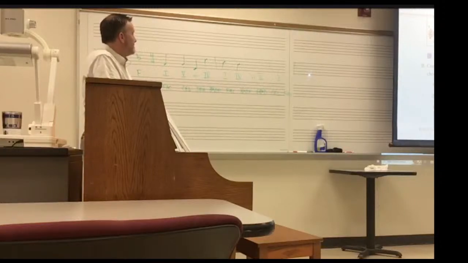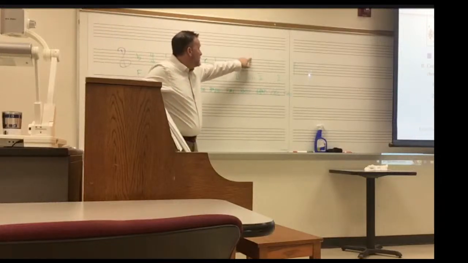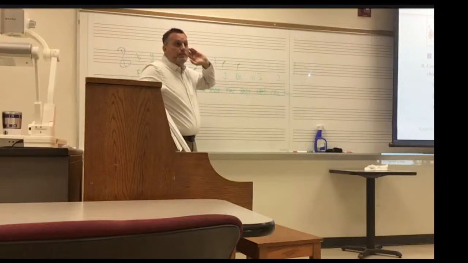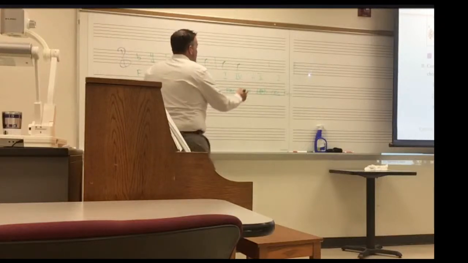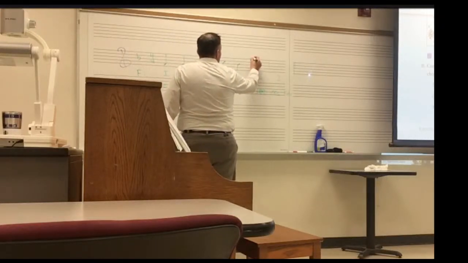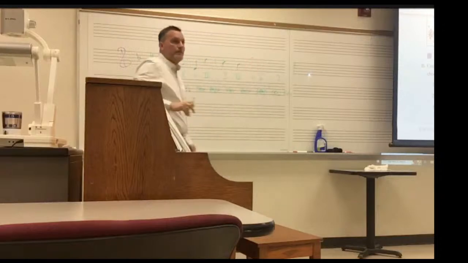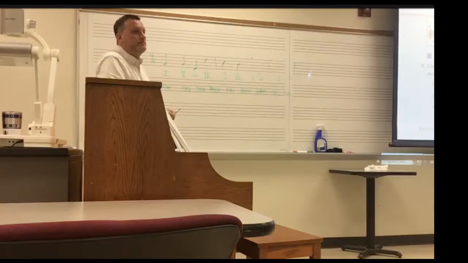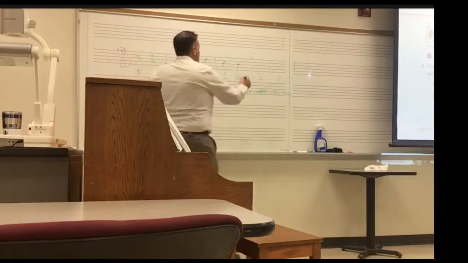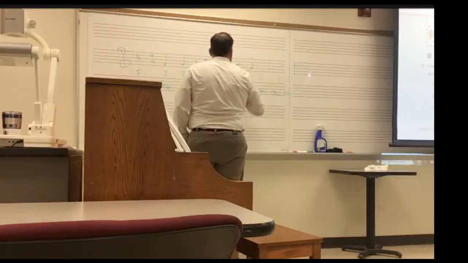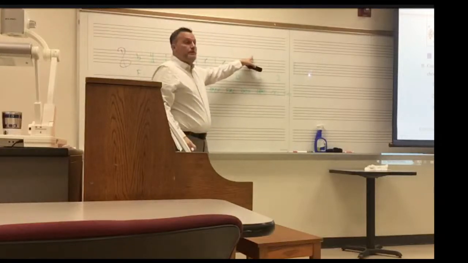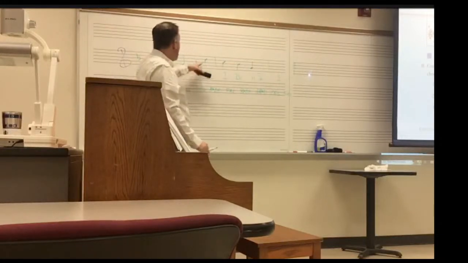D. Here or here? G4 or G5? D4. There wouldn't be any problem with going up to G5, but we just had a big leap here, and we just gotta be careful.